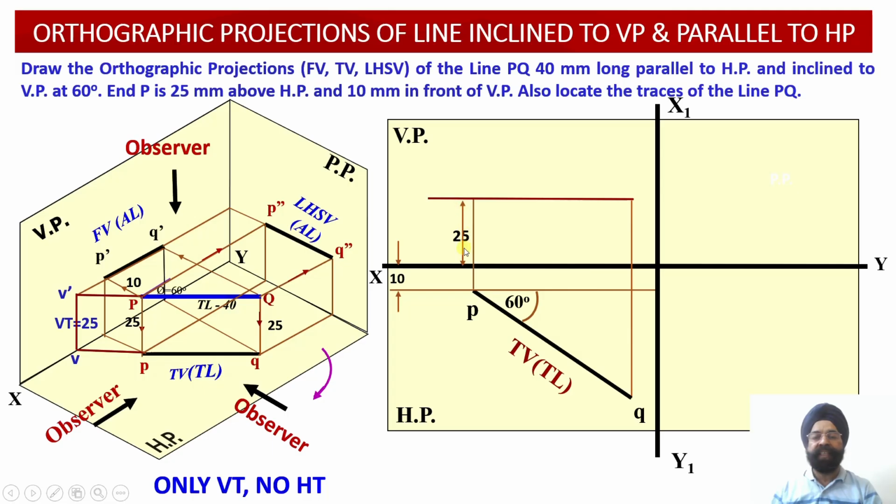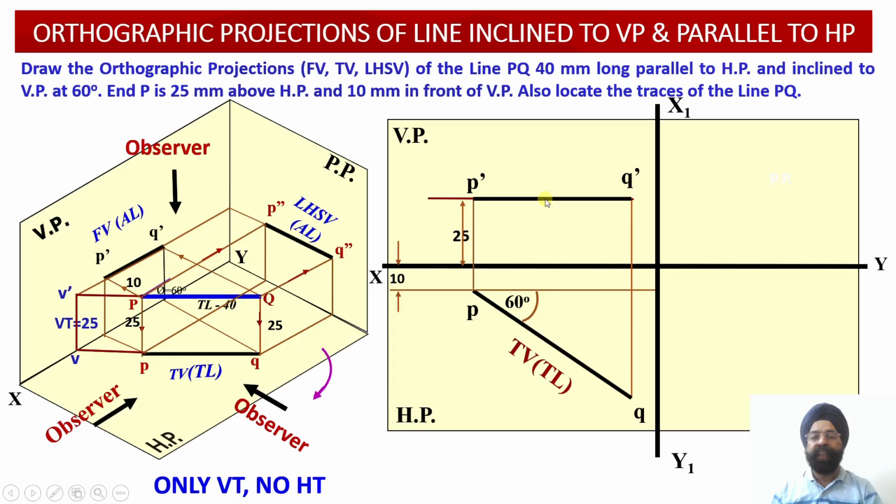So we have taken this distance of 25 millimeter above the horizontal plane, and since this line PQ is parallel to the horizontal plane, we get the P dash Q dash projection of this line in the front view 25 millimeter above the horizontal plane. Once we join P dash Q dash, it will also be parallel to the XY reference line.